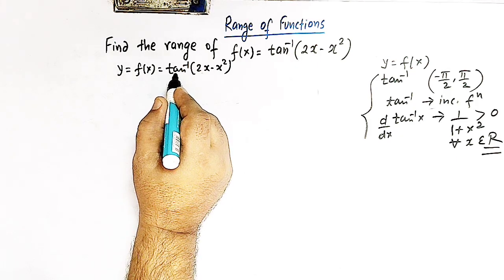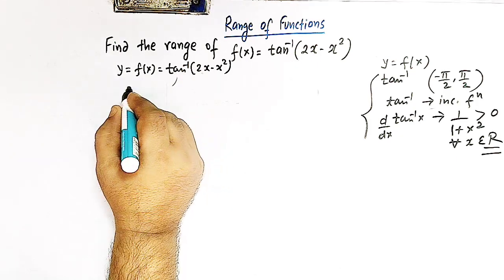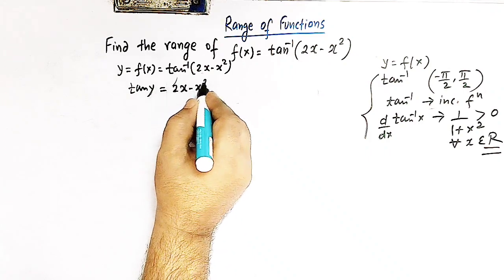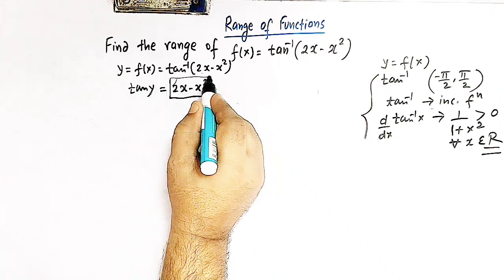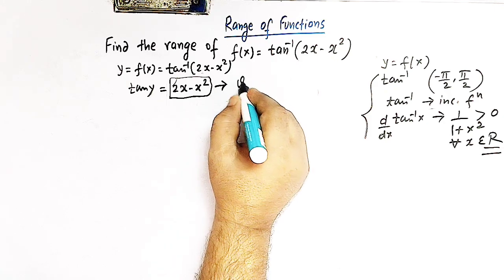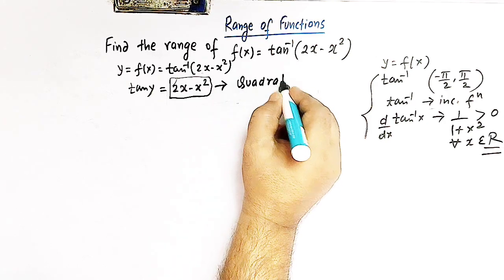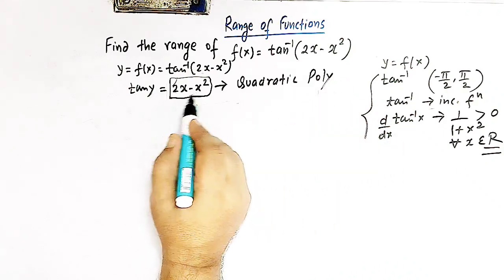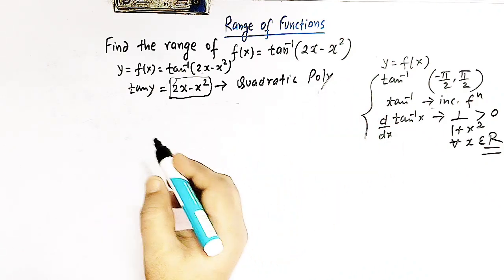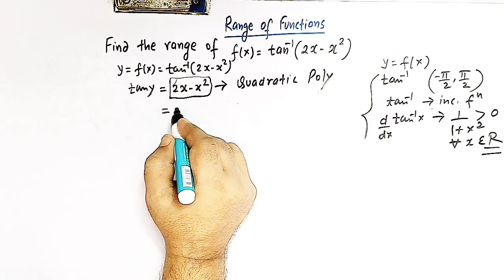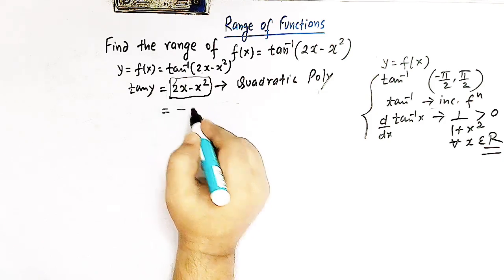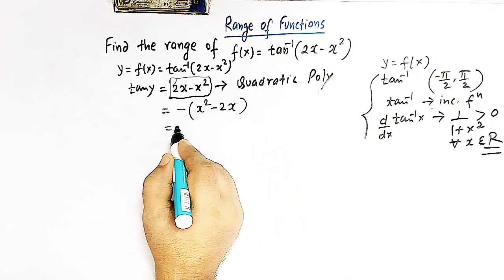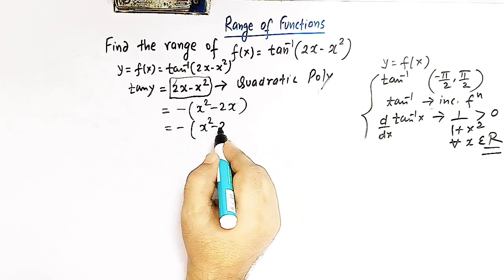So now let us take this tan inverse to this side. We can have tan y is equal to 2x minus x square. Now see, this 2x minus x square is a quadratic polynomial, right? And here what we will do, we'll try to convert this quadratic polynomial into a perfect square. So taking the minus sign common here, we can now write x square minus 2x.